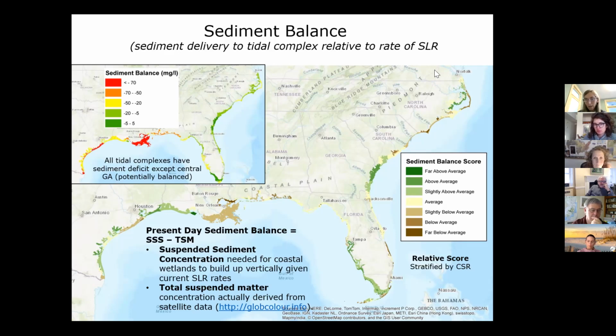Amazingly, only coastal Georgia shows up as really above average for sediment supply. Might be the only state that showed a balance of sediment in the river systems that actually keeps pace with sea level rise. And then we see areas that are really struggling with their sediment balance, right? And so that's certainly the Gulf states, an intervention point for folks to think about.